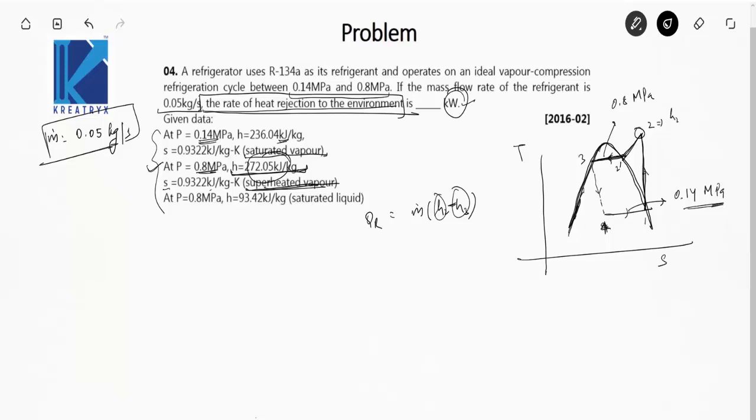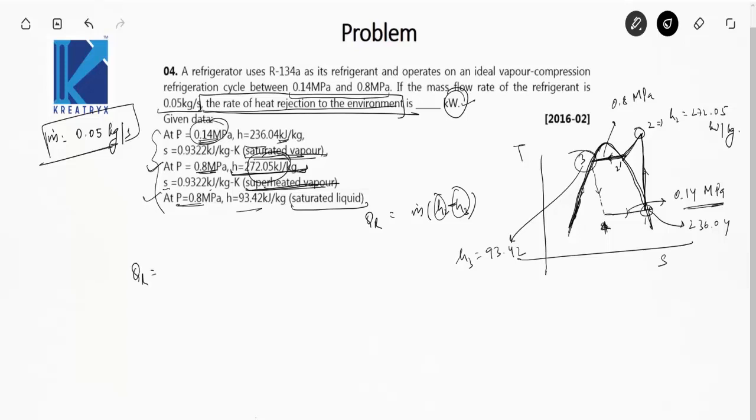So H2 is 272.05 kilojoule per kilogram. At pressure 0.14 megapascal, saturated vapor's enthalpy is 236.04. So H1 becomes 236.04 kilojoule per kilogram, and I have to find H3 also. The third data is at P equal to 0.8 megapascal, the enthalpy of saturated liquid is 93.42. So H3 is 93.42. So we have all the values.